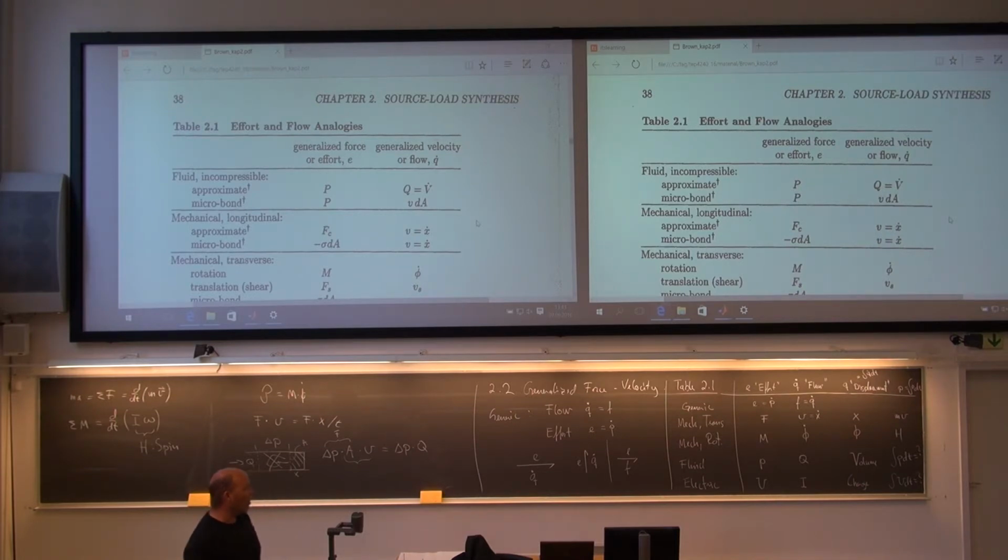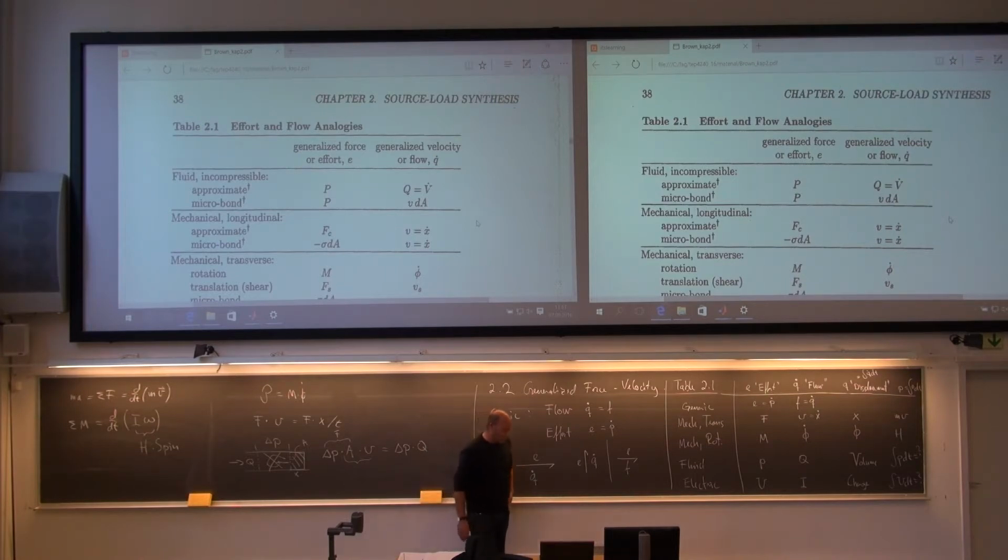Because when we now are going to use bond graphs, we will have source, we will have load, resistance, we will have junctions, we will have different elements on each side of these bonds. But always we will use these letters for effort and flow.